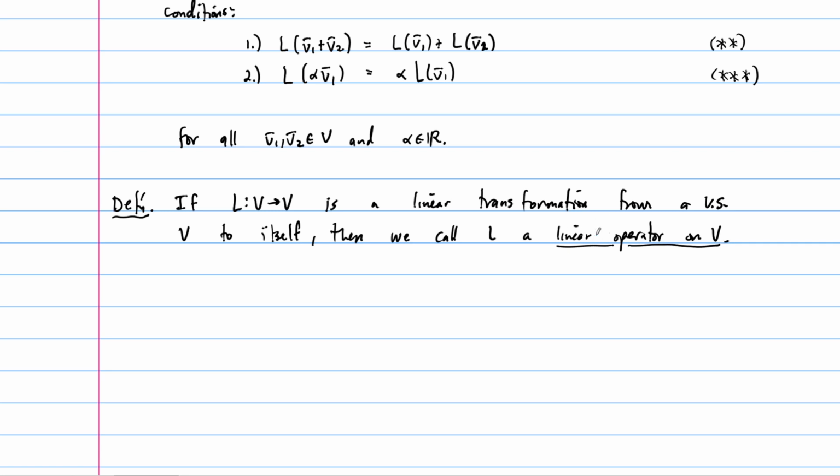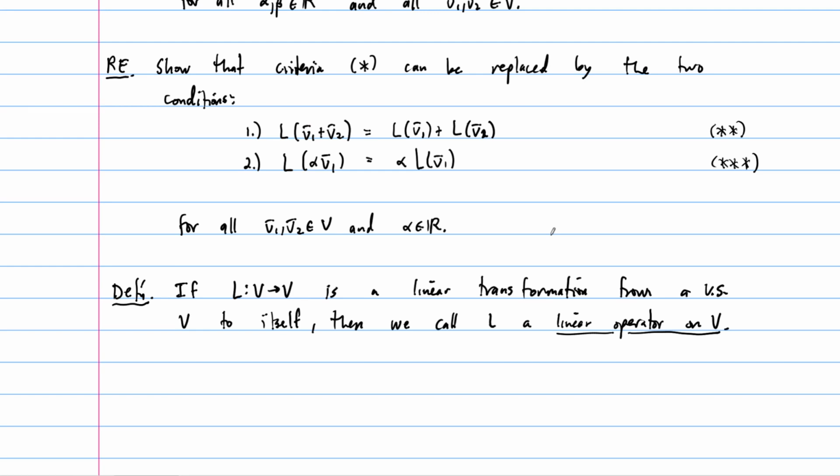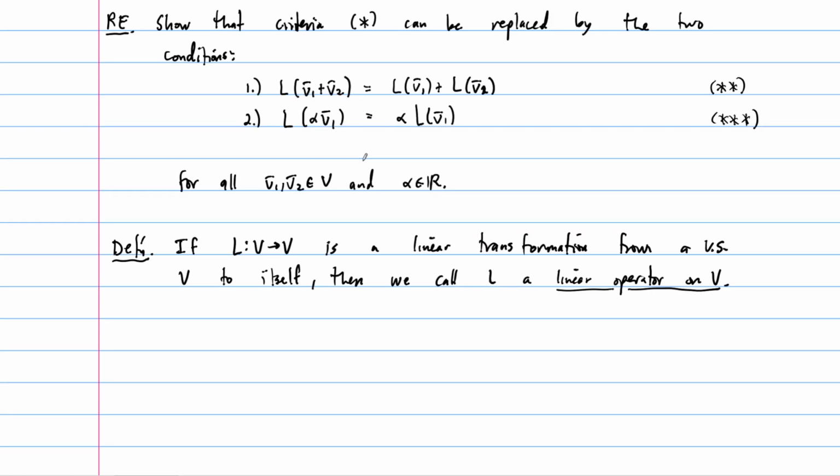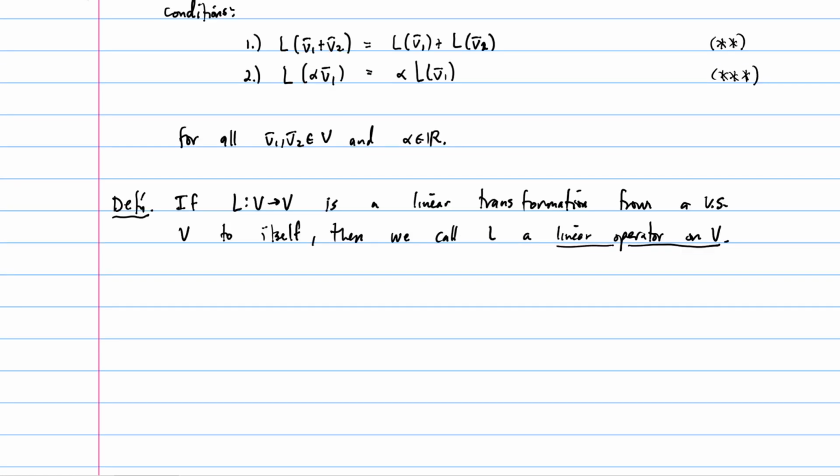The word linear is important here, because it's saying that the transformation L preserves, and if the vector space is the same in the domain and the codomain, then the operations are the same on both sides of our equations up here. So that's just some vocabulary, that this is called a linear operator if the domain and the codomain are the same space.